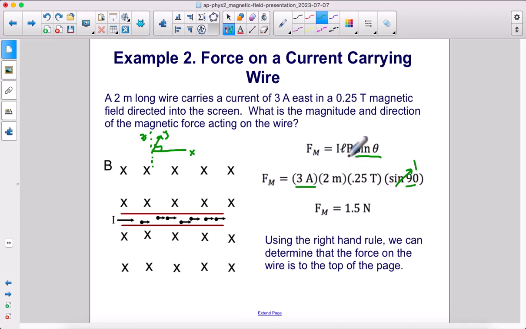And then we have B, the magnetic field. We see that the force on the wire, the force on all of the charges, is 1.5 newtons. And using the right-hand rule, we can determine that the force on the wire is this way. So once again, point the fingers of your right hand to the right, point your palm towards the computer screen, and your thumb points upwards.